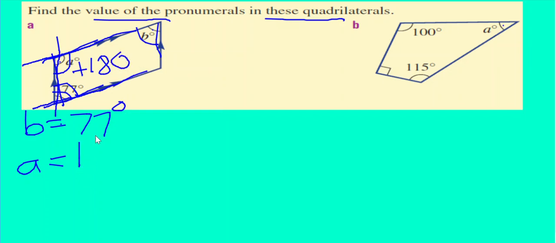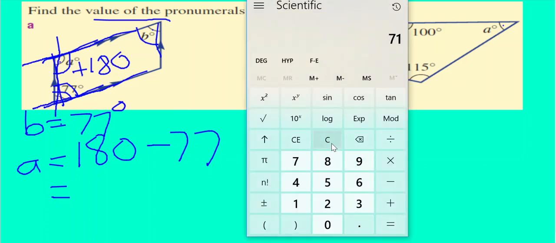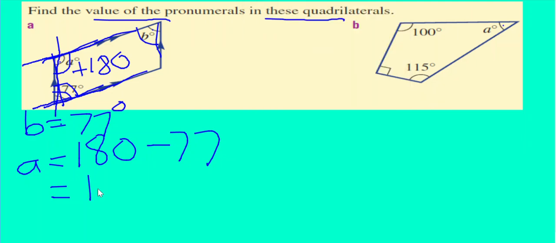So I'm going to say 180 degrees minus 77. 180 degrees minus 77 is 103. So my angle A is 103 degrees.